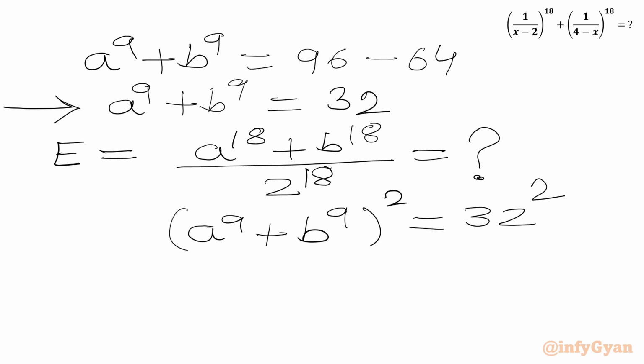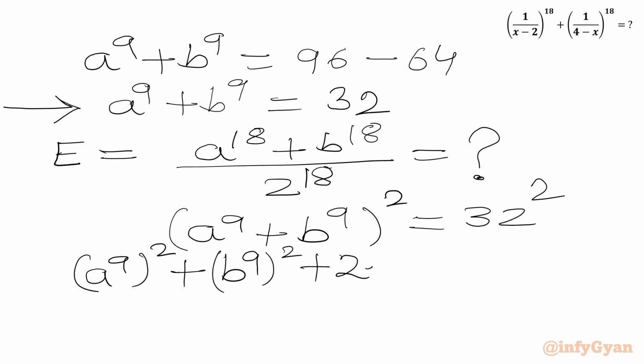Let's apply the (a plus b) whole square formula. In the LHS, here a is a power 9. So we will write a power 9 whole square plus b power 9 whole square plus 2 times a power 9 times b power 9, this is the 2ab term, equal to 32 square, which is 1024.